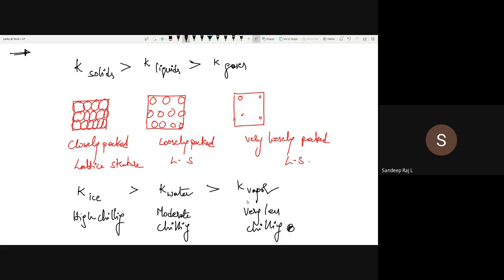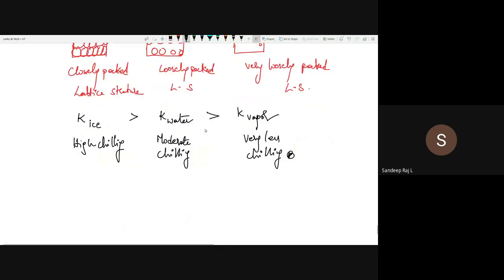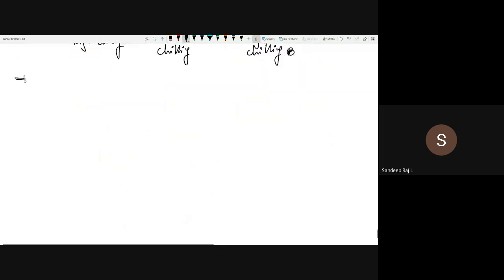We'll move on to how the thermal conductivity varies within the solids with respect to temperature. And within the liquids and gases also we will see the variation of K with respect to temperature.